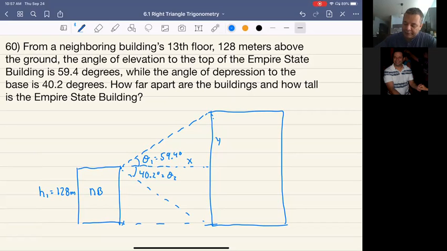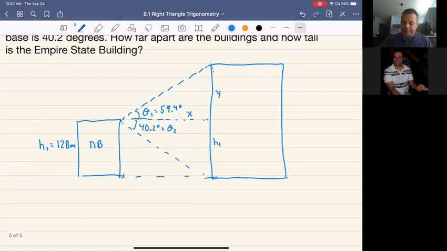Now, here, this distance h1 is the same as this distance h1. Okay, so we already know that point. Okay, so what do we have? A couple of things. First, we can find this x. We know that the tangent of theta 2 should equal h1 over x.